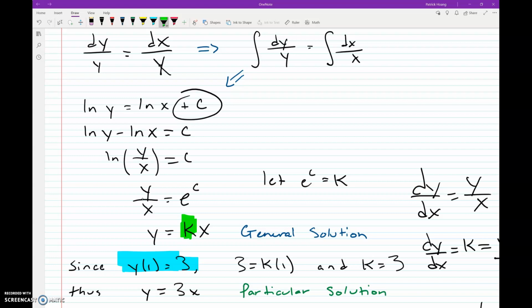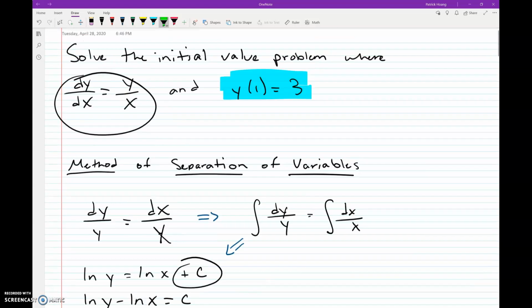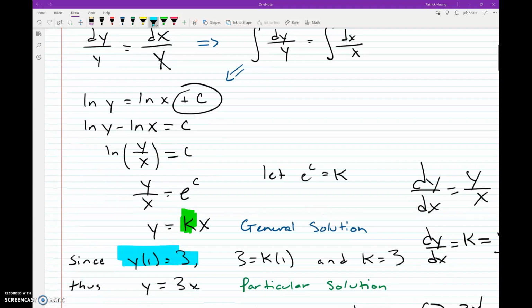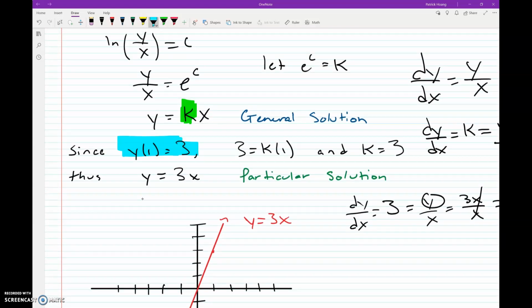So in order to have a particular solution, a specific solution that will satisfy this differential equation, we need this initial value, which is why this is called an initial value problem. We are given that the solution to our differential equation, evaluated at 1, is equal to 3, which is right here.